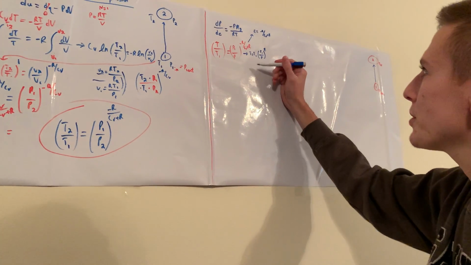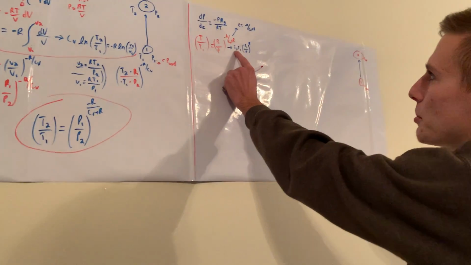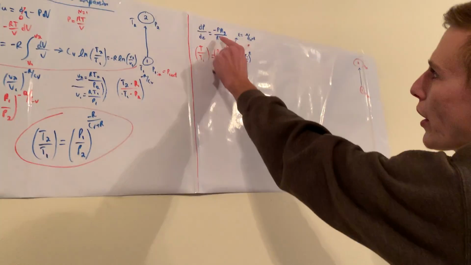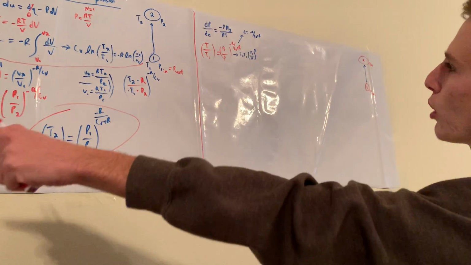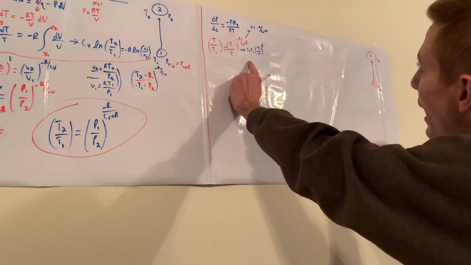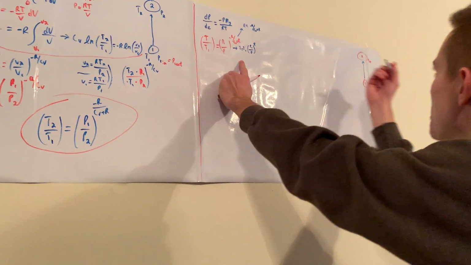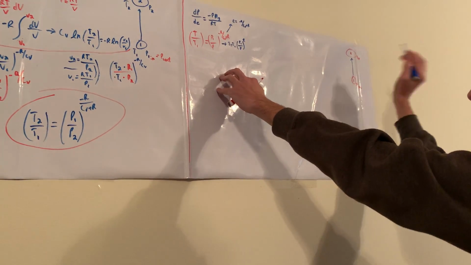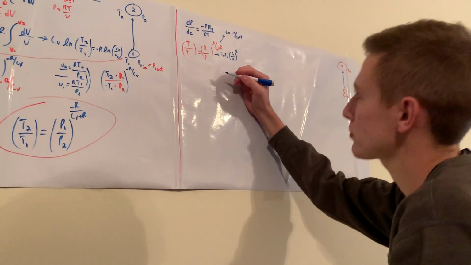Okay, so now you notice we have it in terms of T, and we can plug this into our first derivation, which we got from the part 1 video, and start solving for the relationship between pressure and altitude.